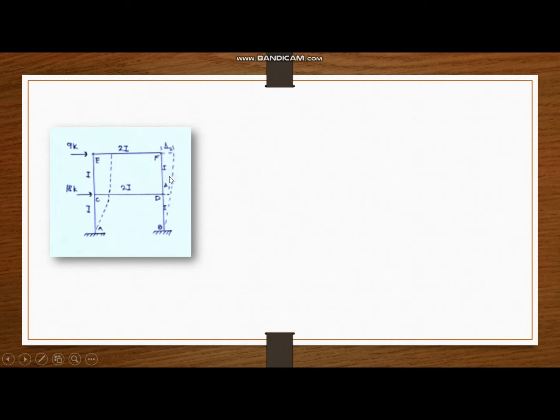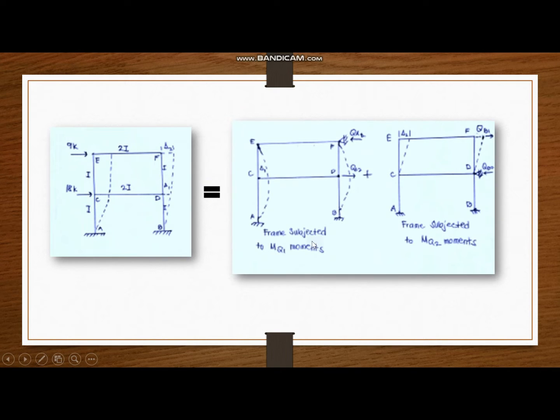This is our delta 1, and delta 2 equals the frame subjected to moments Q1. Its reaction is obtained at the top, plus the frame subjected to moments Q2, whose forces are in the middle.